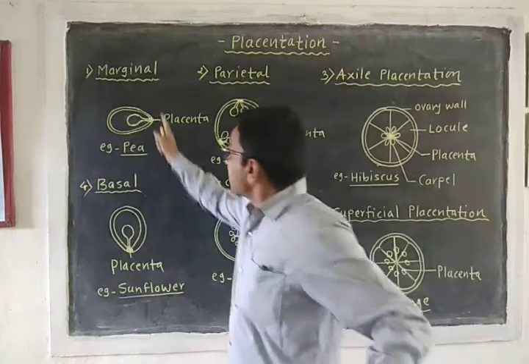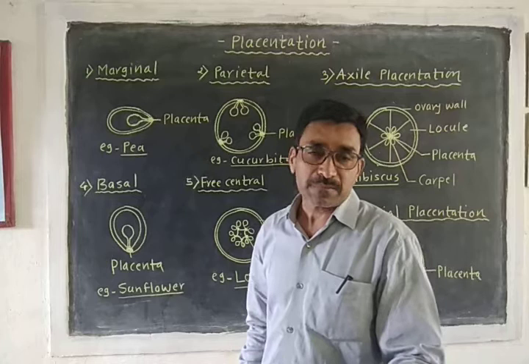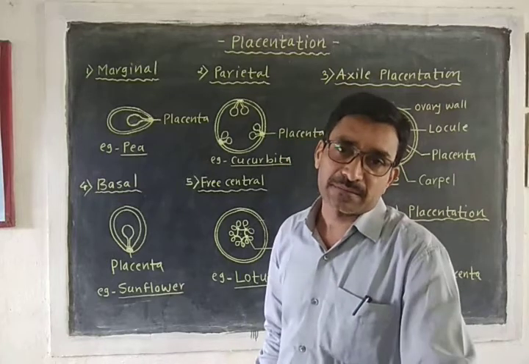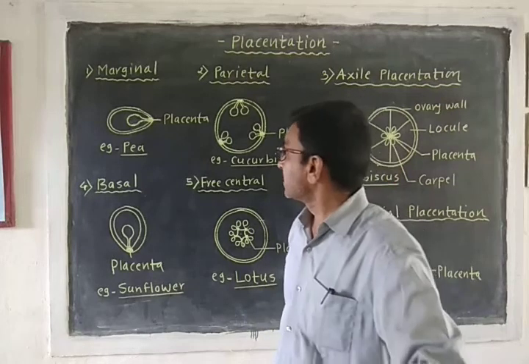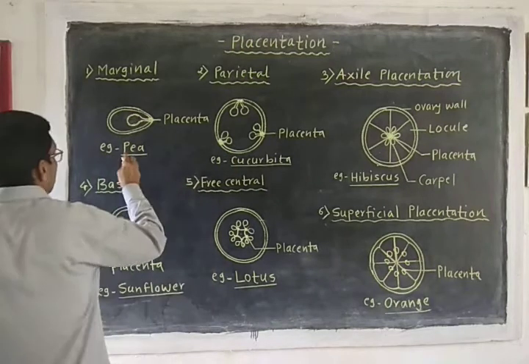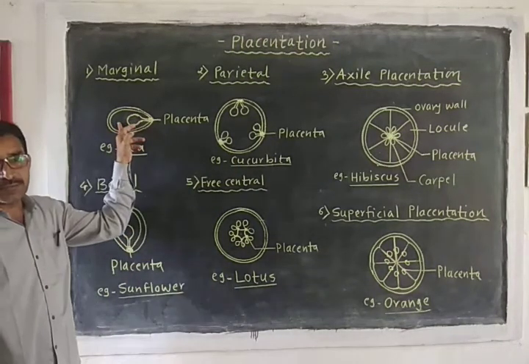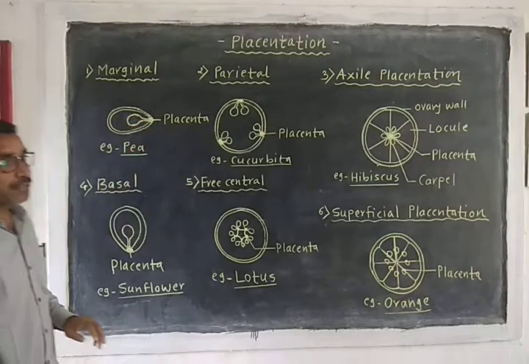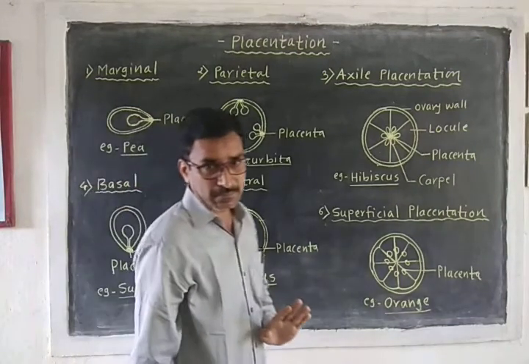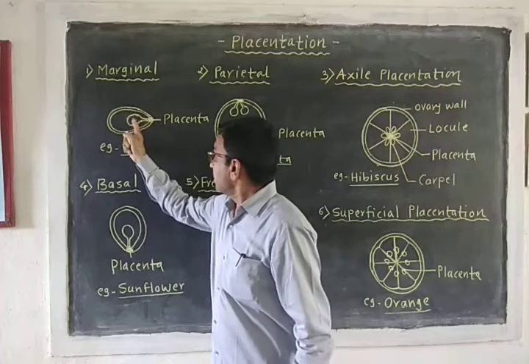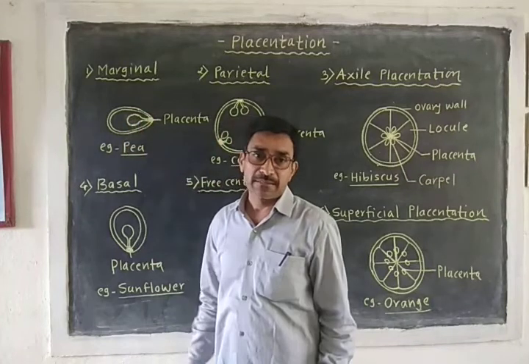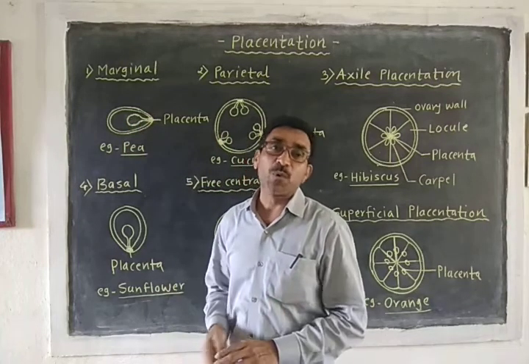See, this is marginal placentation. It is a type of placentation. In this type, a single locule is present, which means it is unilocular. Here one carpel is present, hence it is called monocarpellary.